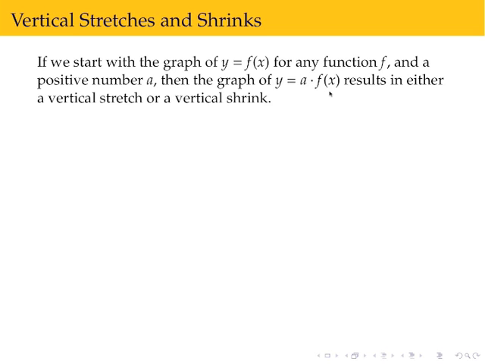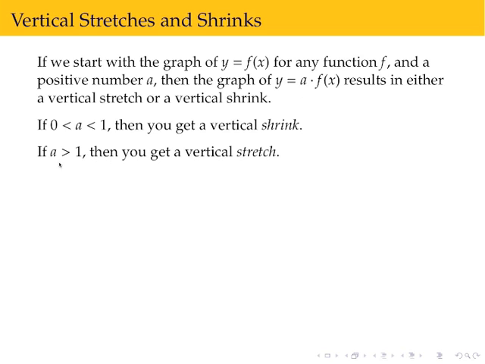It's going to result in either a vertical stretch or a vertical shrink, and what this will depend on is what a is. It's got to be a positive number. If it's between 0 and 1, then you get a vertical shrink. Any positive number less than 1 as your a will give you a vertical shrink. Any positive number greater than 1 will give you a vertical stretch.